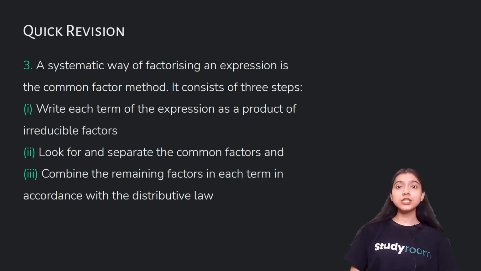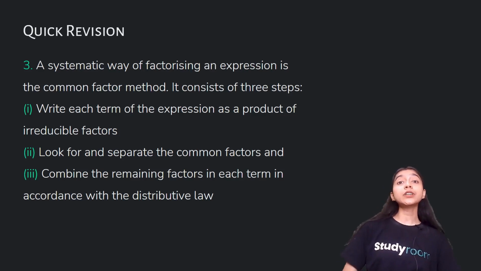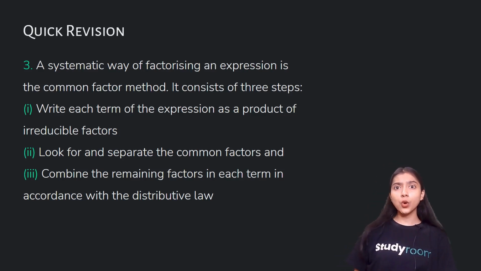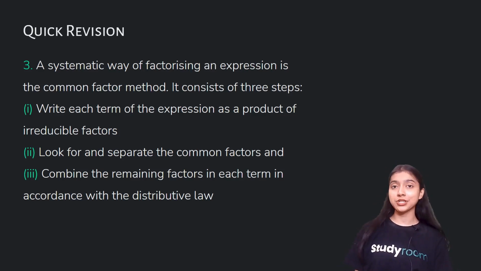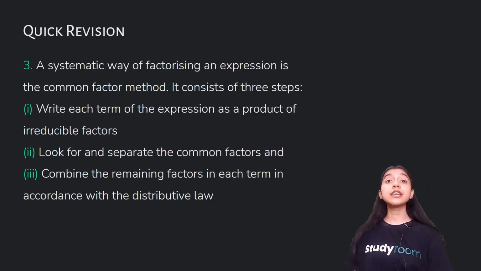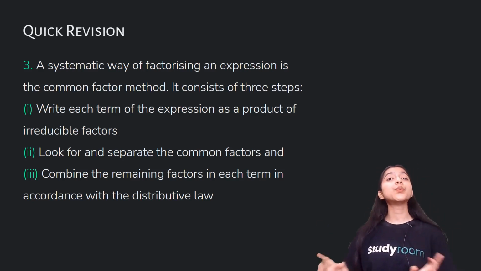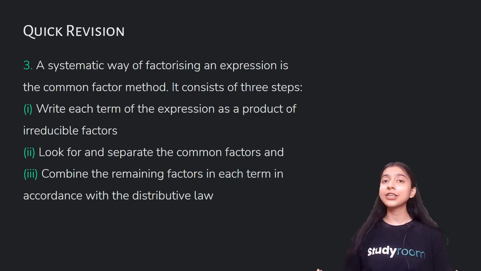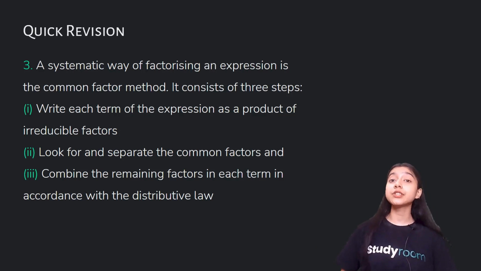So in this case, the very first step is to represent each of the terms as a product of its irreducible factors. And then we have to look and observe the common factor in each of the terms of the given algebraic expression. Next up, we have to take out this common factor outside the bracket, and then within the bracket, we have to write the remaining factors from each of the terms of the given expression. This has to be done in accordance with the distributive law.